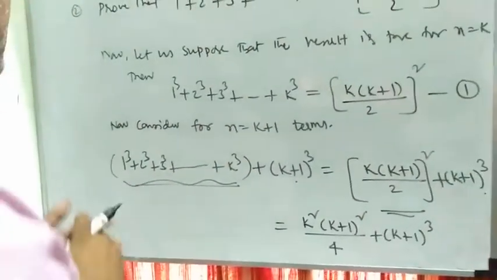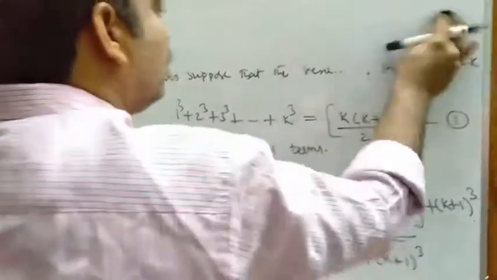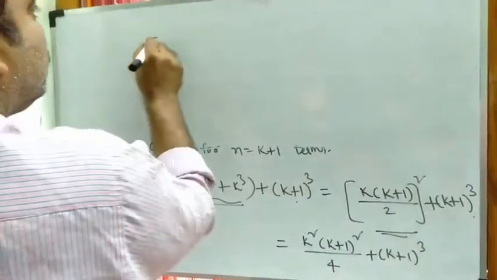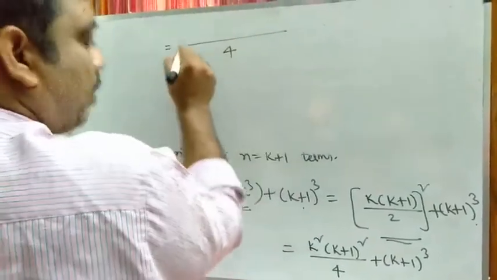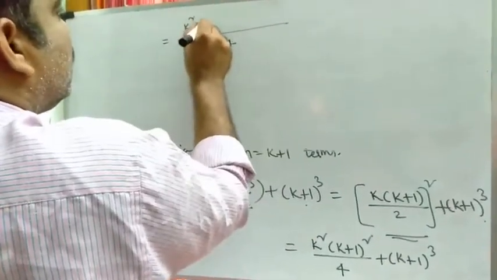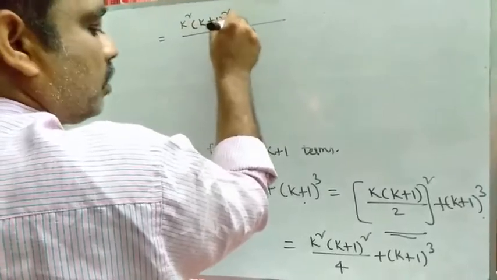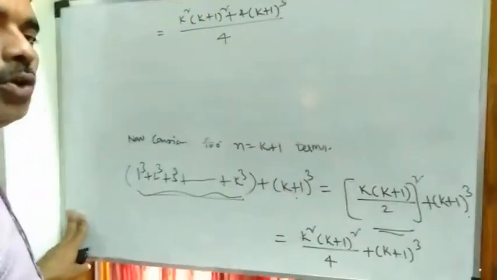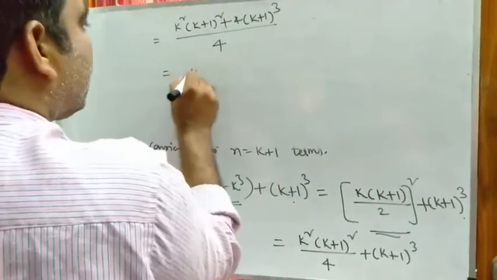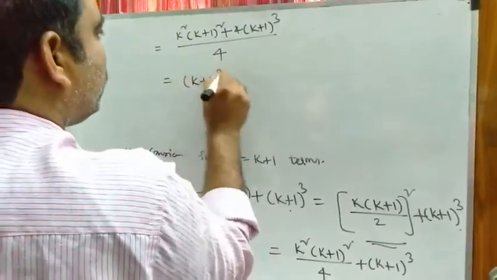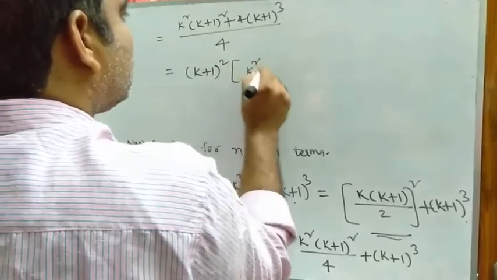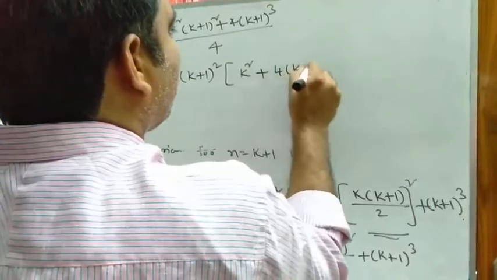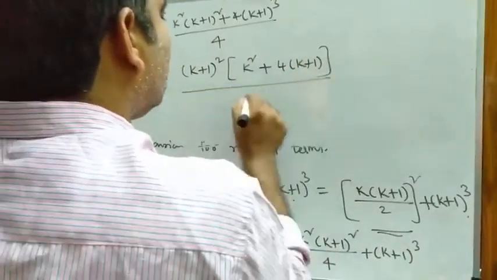So I'm taking LCM. What is LCM here? 4 is the LCM. So in the numerator it is k square into (k plus 1) whole square plus 4 into (k plus 1) whole cube. So I'm taking out (k plus 1) whole square in the numerator. It is k square plus 4 into (k plus 1) by 4.